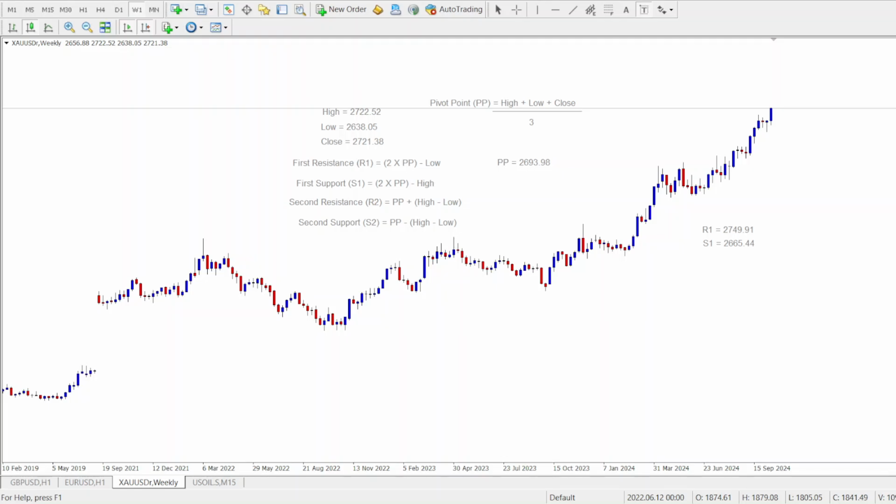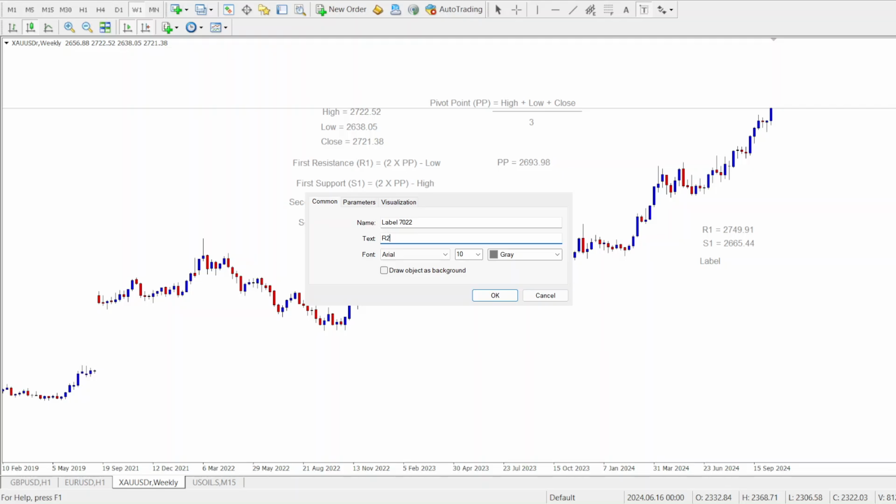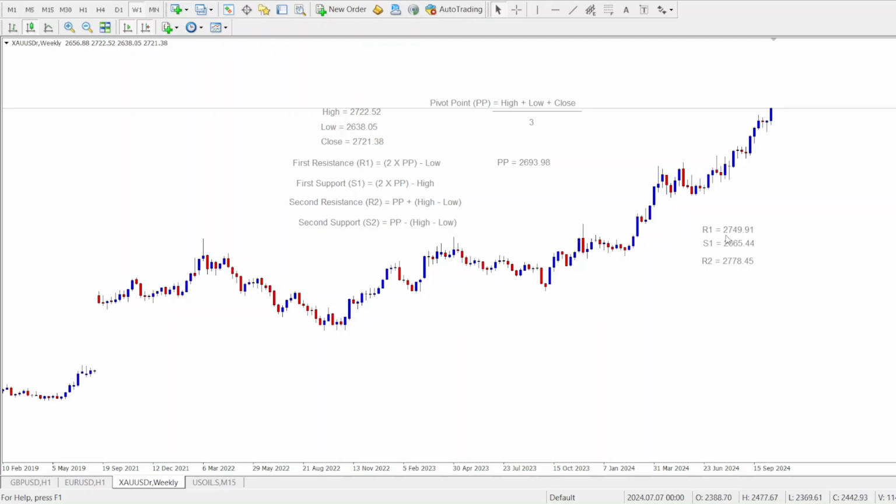That gives us 2778.45. So this gives us our second resistance.